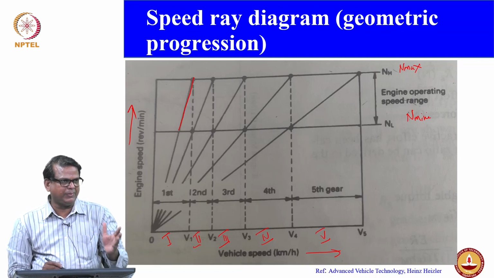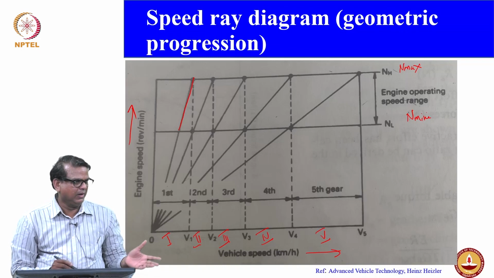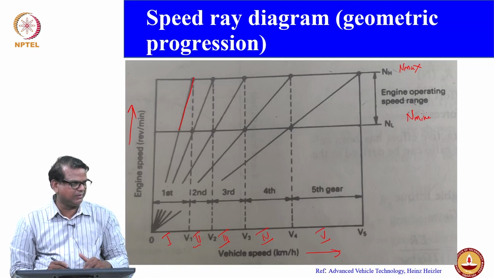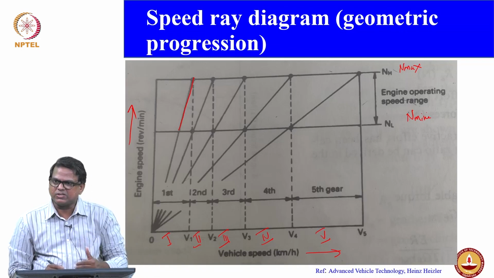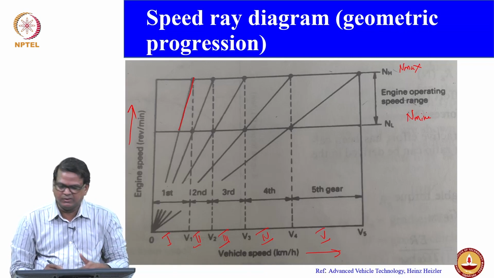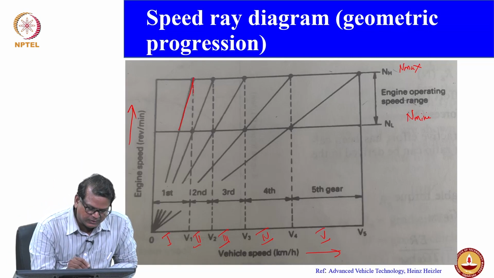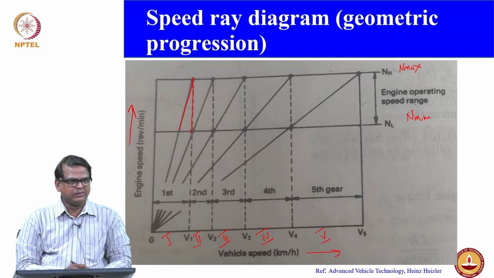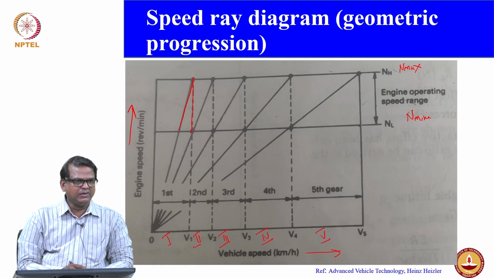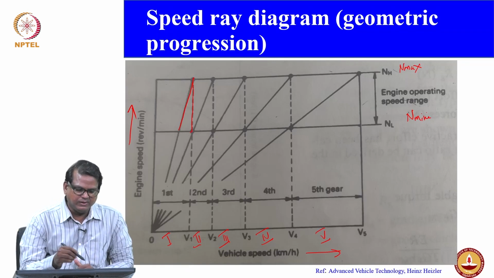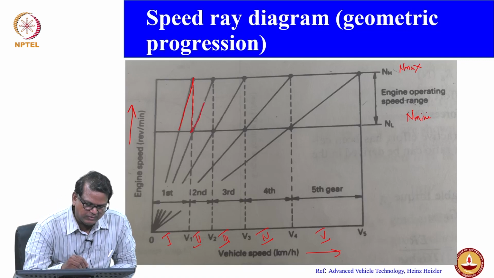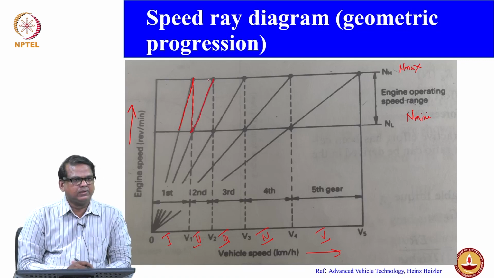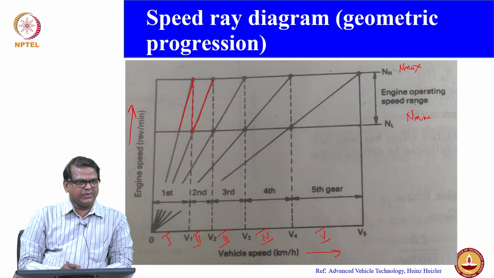The vehicle is operating in first gear. I want to shift to second gear. Then I must drop the speed of the engine to the minimum speed. That is the starting speed. Then as you are operating, this should go to the maximum again for engine operation.